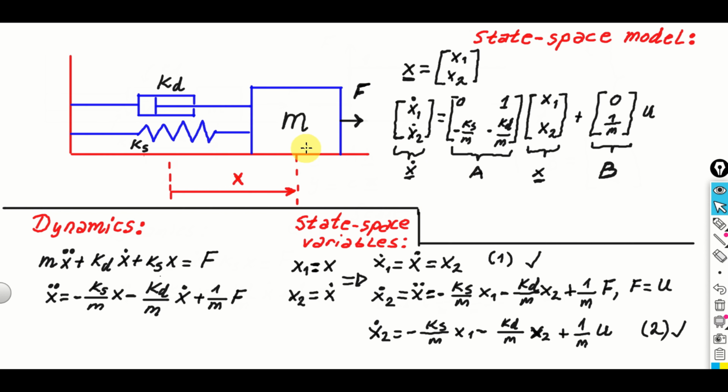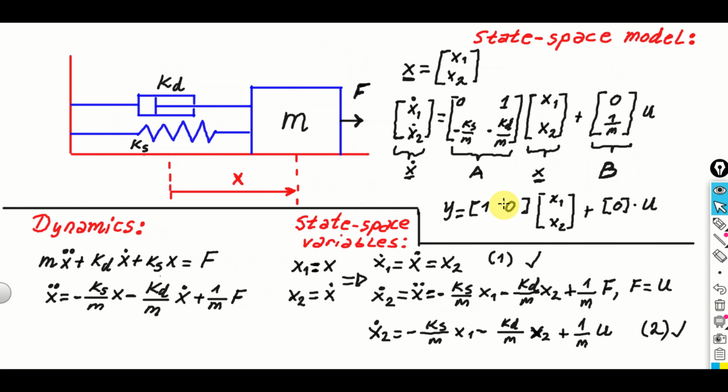And finally, we need an additional equation. That's our output equation. Over here, we will assume that only x is measured. Consequently, the output equation will look like this. 1, 0, multiplying x1, x2, plus 0 multiplying u.